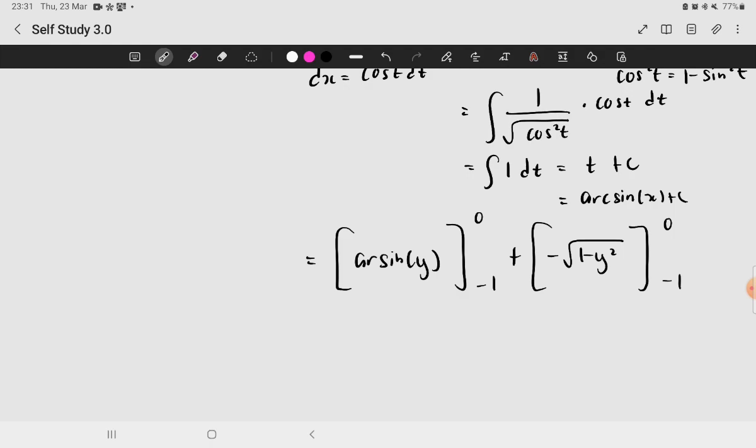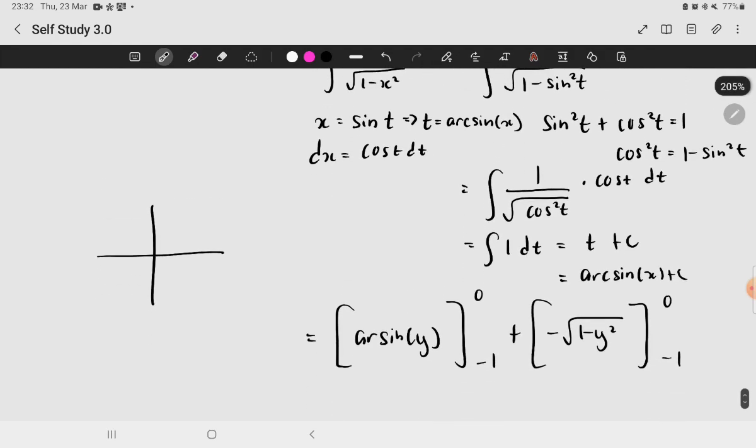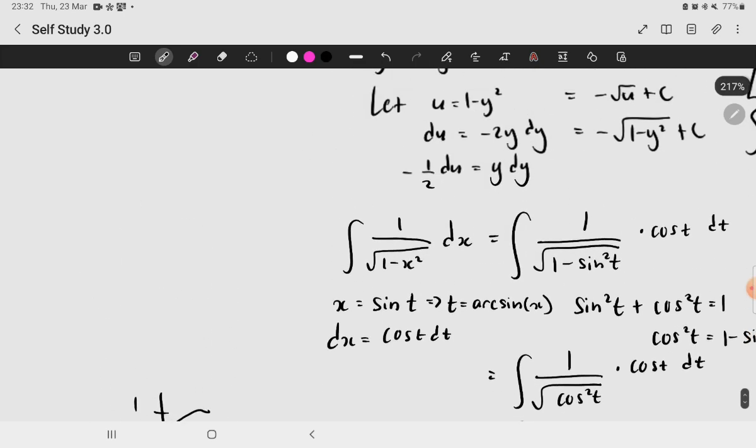When you restrict the domain, it has to satisfy the horizontal line test. So the sine function will be restricted, if I remember, from negative pi over 2 up until pi over 2, and the range will be from -1 to 1.